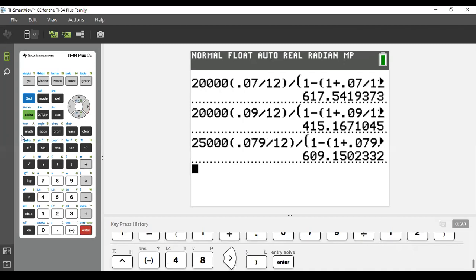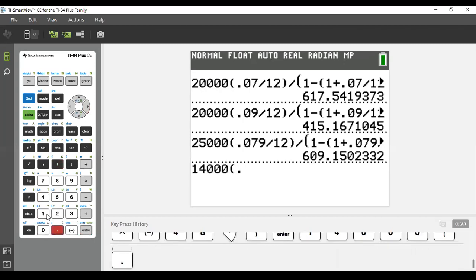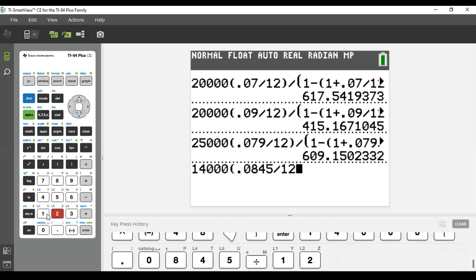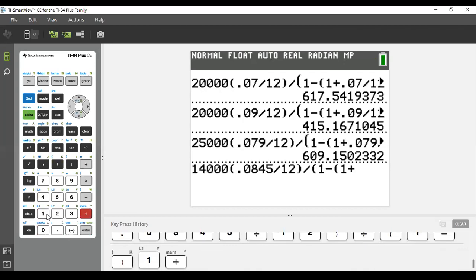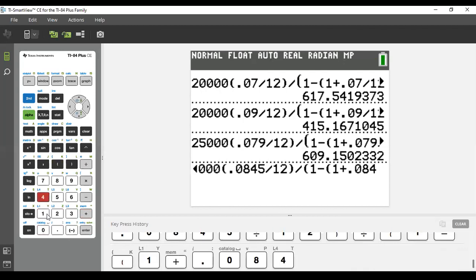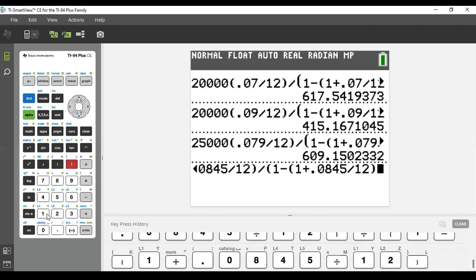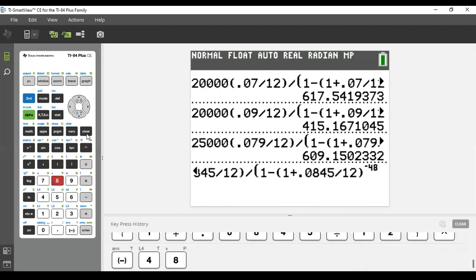So we'll plug in for the used car, 14,000. Now the rate is 0.0845. 1 minus parentheses 1 plus the rate 0.0845 over N, and that is raised still to negative 48.